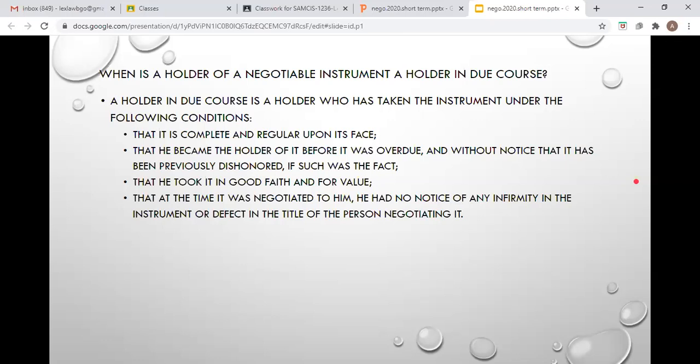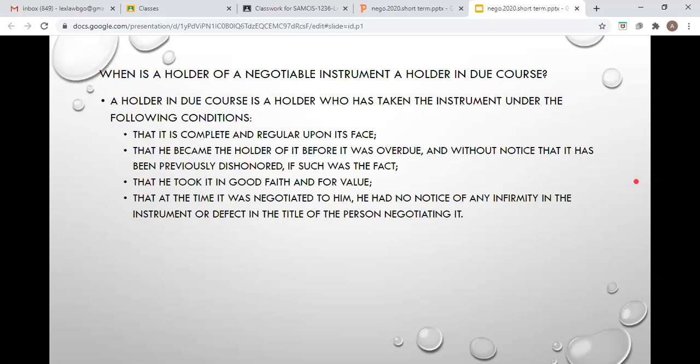Next one, that he became a holder of the instrument before it was overdue and without notice that it has been previously dishonored, if such was the fact. One of the requirements to be considered a holder in due course is that you should have received the instrument before maturity. That's why in our example a while ago, the reason forwarded by X in claiming that Emily is a holder not in due course is that X claimed that Emily received the instrument after the due date, because the second requirement to be considered a holder in due course is that you should have received the instrument before it is overdue, before its maturity.